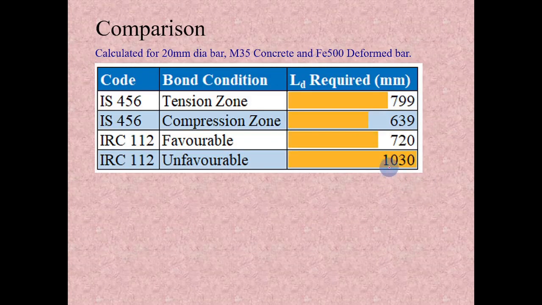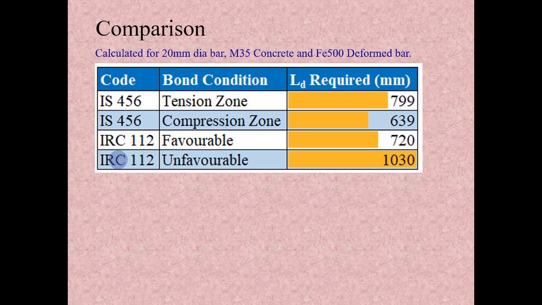All these values are calculated by assuming a 20 diameter bar, M35 grade concrete and Fe 500 deformed bar. In IS 456 we have different bond conditions for the reinforcement provided in the tension zone and the reinforcement provided in the compression zone of the RCC element.